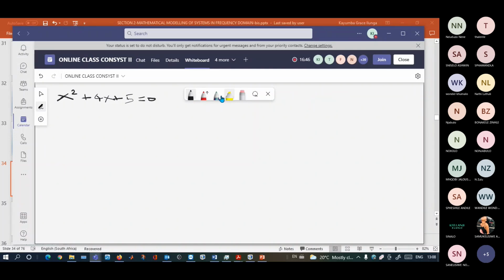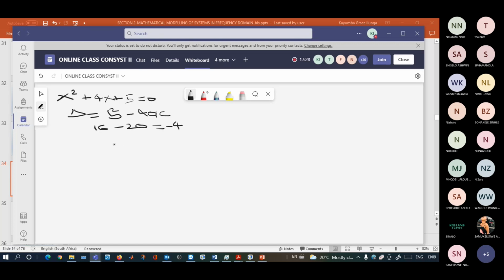In this case, when we want to find the roots, we'll have delta, which is going to be equal to b square minus 4ac, where a is equal to 1, b is equal to 4, and c is equal to 5. So it's going to be 16 minus 20, which gives us minus 4.